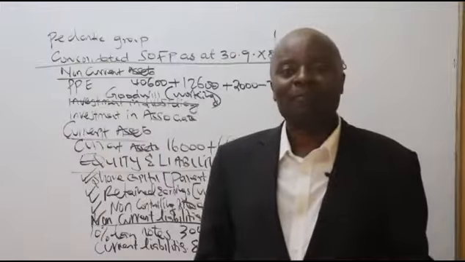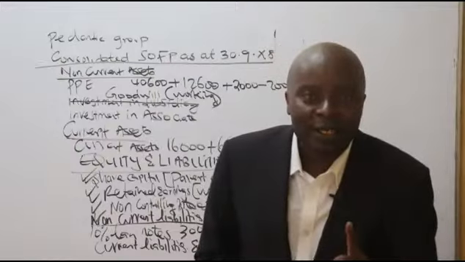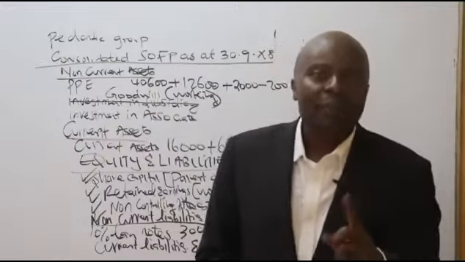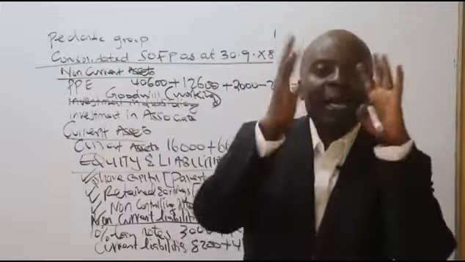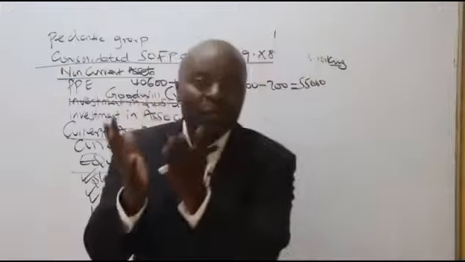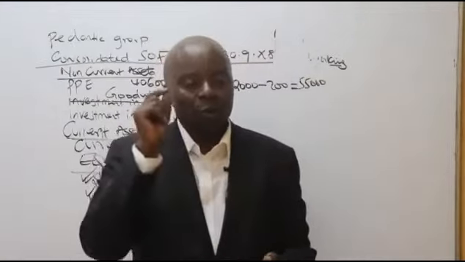That's fake money. So intra-sales must always be eliminated from 2 buckets: the bucket of group sales and the bucket of cost of sales. I'll be explaining that better when I go to cost of sales.